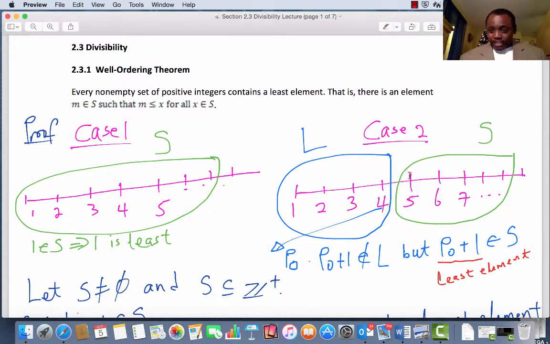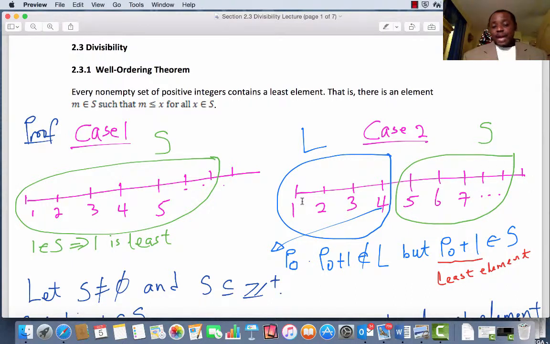And clearly you can see that 5 would be the least element in S. Now I'm going to go ahead and present the proof to you, and it's going to be a little abstract, but just remember that I'm going to be dealing with two cases. Case 1, the number 1 is in S. Case 2, the number 1 is not in S.